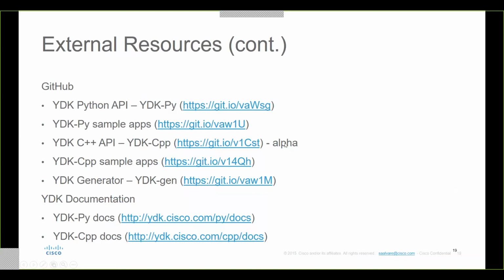It's kind of an alpha because we introduced it recently, but it's very usable. We're still doing a fair amount of testing, but so far it's shaping up pretty well. We have a C++ sample apps repo that right now is kind of empty. I have to start putting the examples there, but I wanted to include the URL anyway because in the following weeks I'll be porting the sample apps in Python to C++, so you're going to find them there.